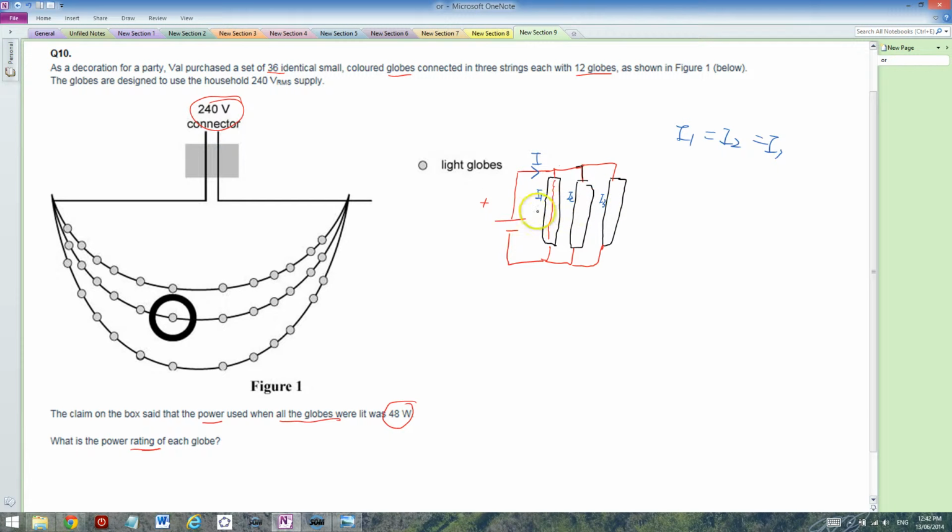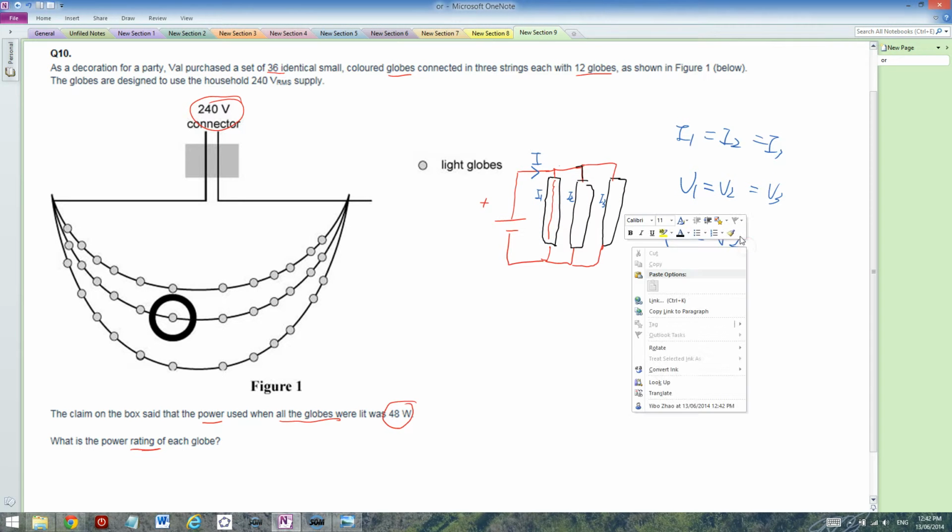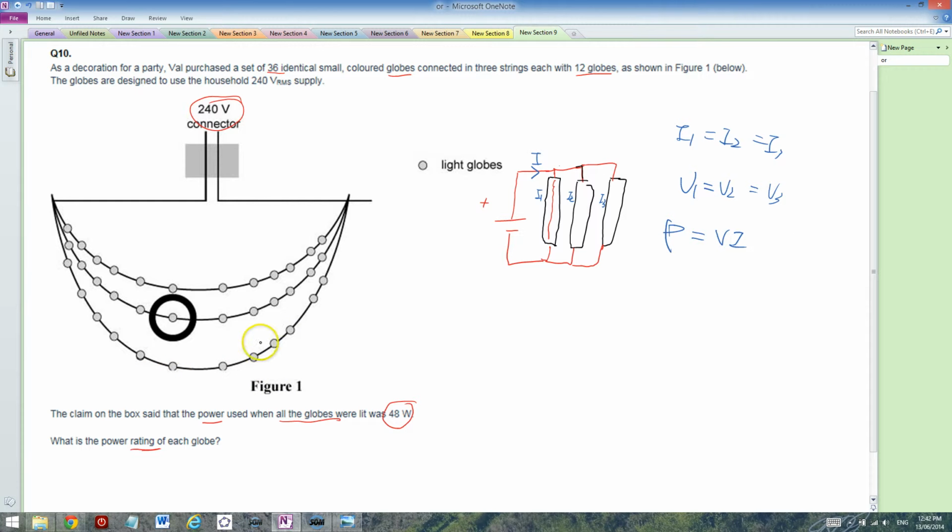In a parallel circuit the voltage is the same, so V1 equals V2 equals V3, and the power of each globe must be the same, P equals VI. In total there are 48 volts, and there are 36 globes, so 48 divided by 36, I have 1.33, so 1.3 volts for each globe.